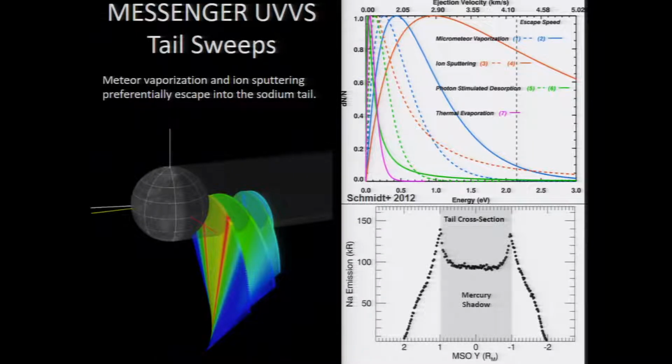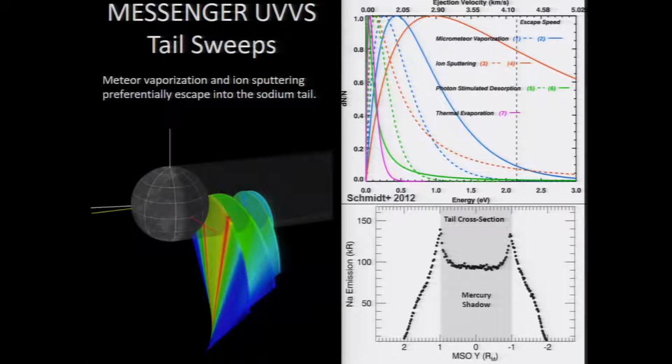But in any case, we can use the partitioning of things that are above this escape speed here at 4.25 kilometers per second to just look at the tail, and that helps isolate the more energetic processes like vaporization and sputtering. So you'll see more of those escaping into the tail than you would on the day side of Mercury.